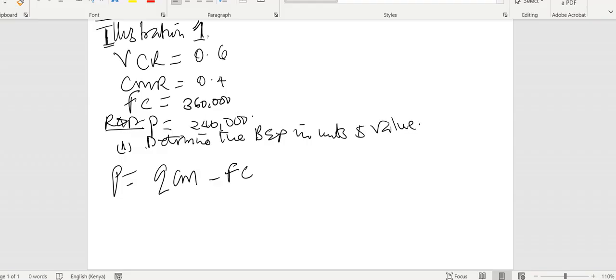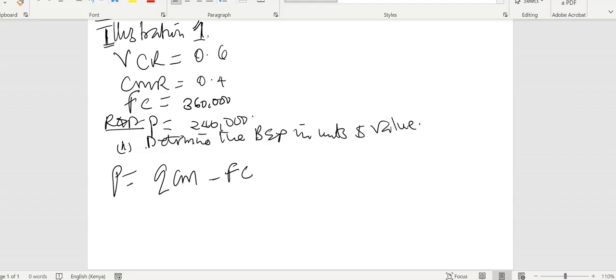So can you determine Q, quantity? The moment you know quantity, what is the selling price? 600. Yes. So you can get the revenue. Selling price and quantity. So we find quantity.